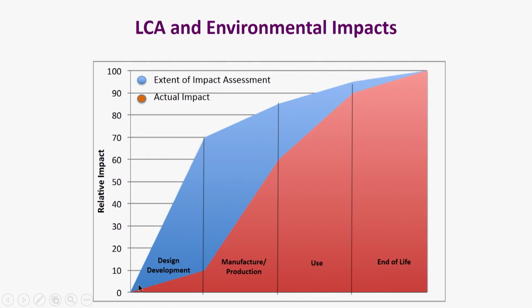So, if you look at the extent of impact assessment, which means at what stage you do the impact assessment: if you do it in the design and development stage, the actual impacts may be less. If 80% of your impact assessment is done at this stage, you get lower actual impacts here, and if you do not do it, and you do the impact assessment only at the end of the process, you will get all of it.